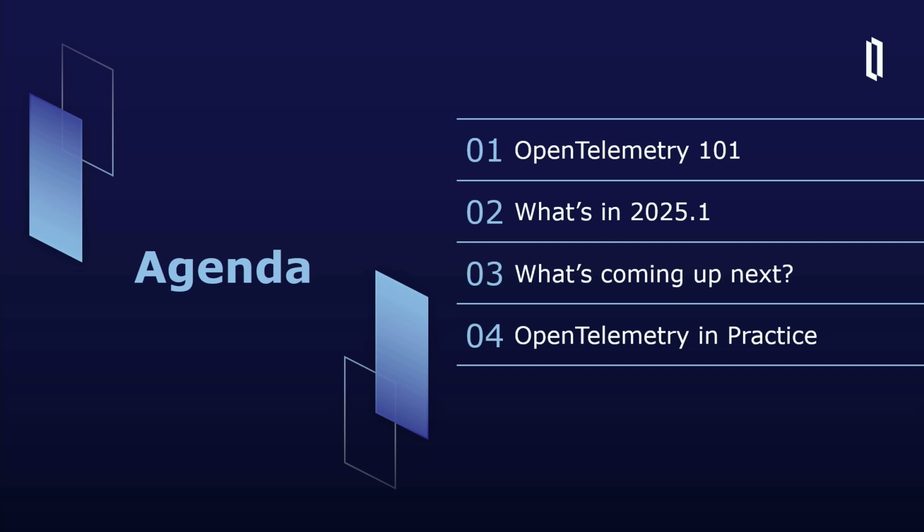Then we'll give a preview of what's coming in the next release, 2025.2, some of the new features that have been added around tracing, which Jasper's going to be presenting, and then how it gets used in practice. Hopefully this gives everybody a really nice overview of what's available today and what's coming.